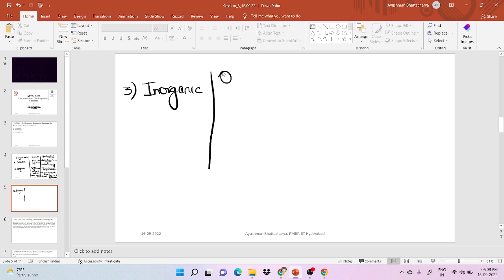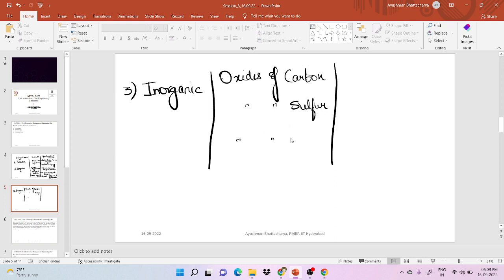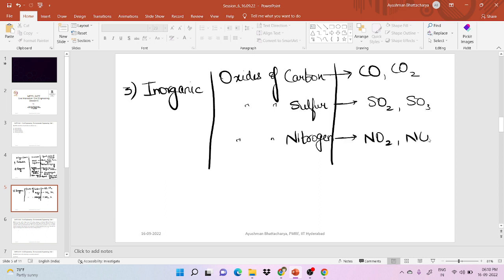Under inorganic, oxides of carbon, oxides of sulfur, and oxides of nitrogen. Under oxides of carbon, CO, CO2; under sulfur, SO2 and SO3; under oxides of nitrogen, NO2 and N.